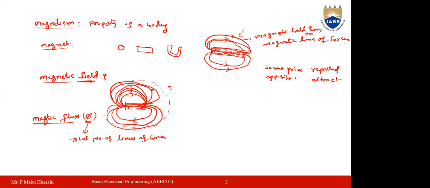If you see how many lines of force there are in this magnetic field, that count is represented by the magnetic flux phi. Generally phi is represented with the unit Weber. Weber is the unit for magnetic flux. Now 1 Weber is nothing but 10 to the power of 8 lines of force.